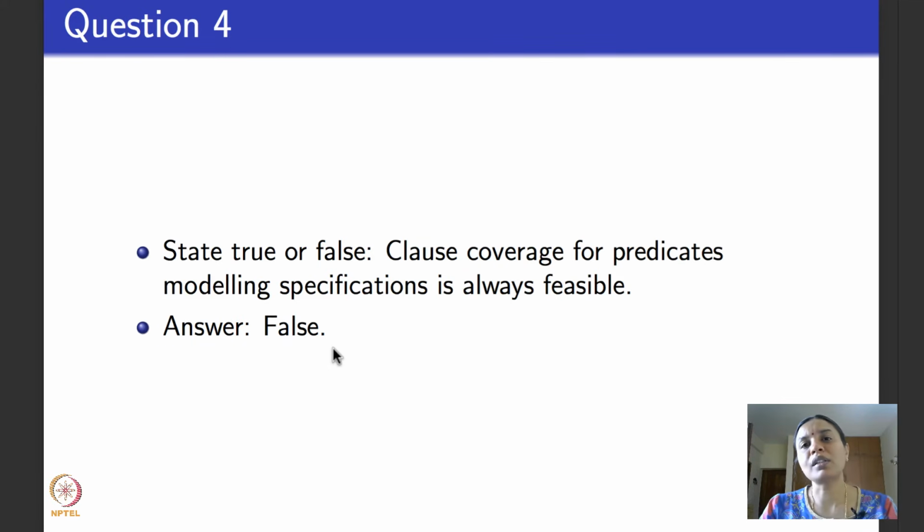So if I have to consider clause coverage, I have to be able to make each clause in turn true and false. But they occur in such a way that if one clause is true, the other will never be true. So if I try to achieve clause coverage for one clause, I will not be able to achieve clause coverage for the other clause. So clause coverage for predicates that occur as specifications is not always feasible. So the answer to this question is false.